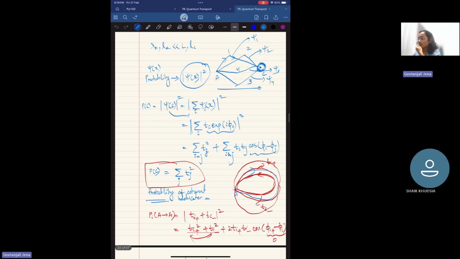And forward is to go from A to C. This is the way we can calculate the probability of finding the particle here when it comes from A. We have calculated that the particle can take multiple paths. It can take path 1, path 2, path 3, or path 4.